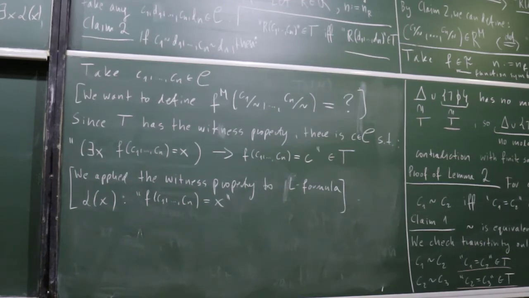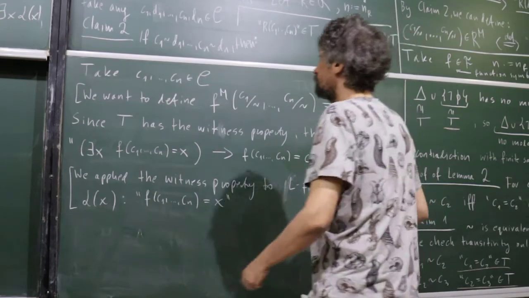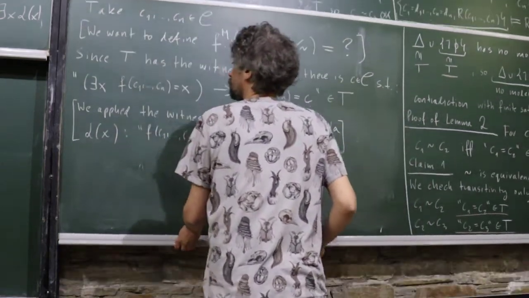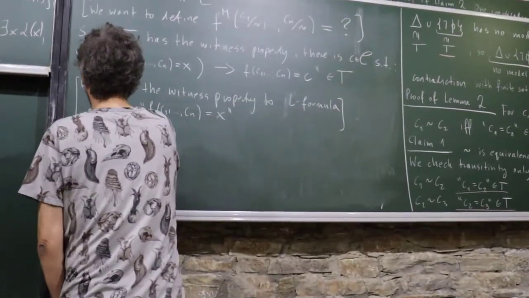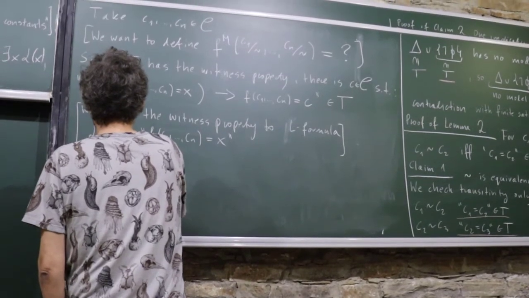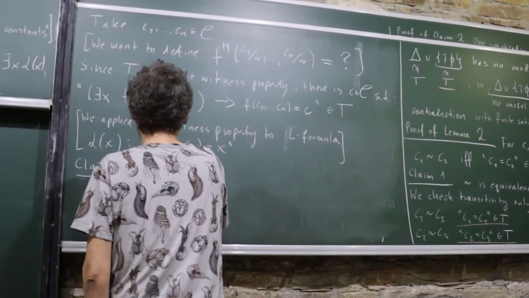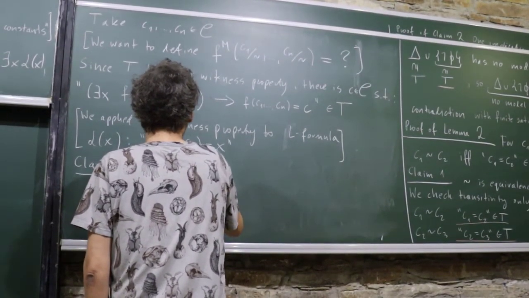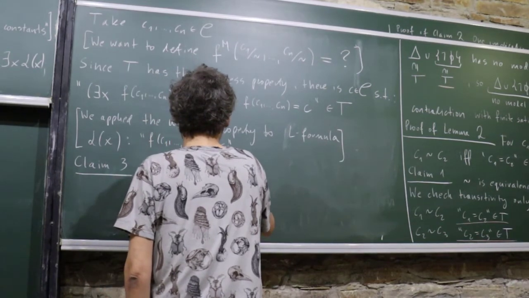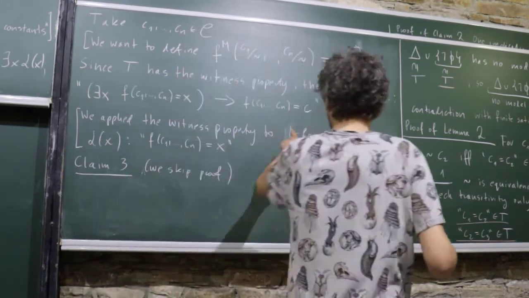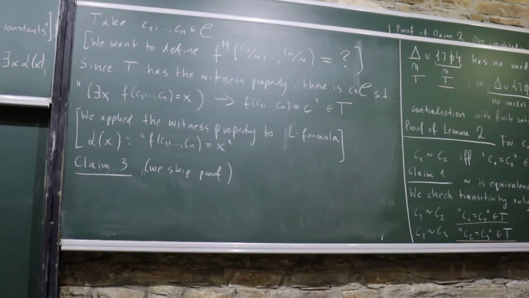So now we have the corresponding claim 3. We skip the proof. It says that this will be well defined.